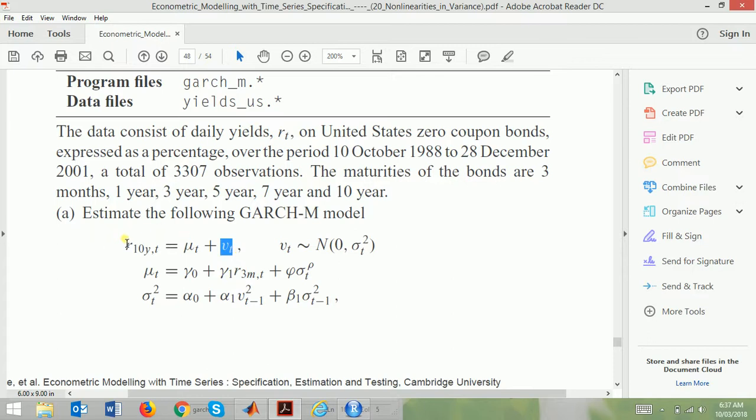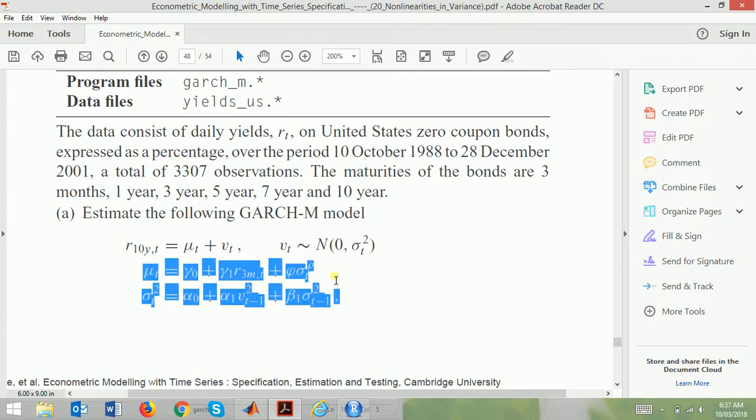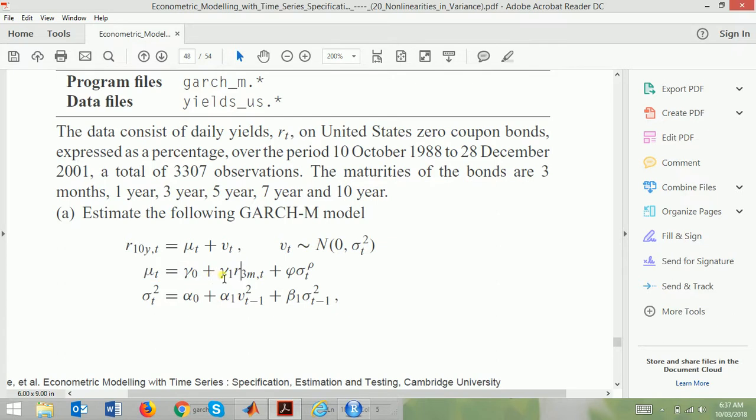This is an autoregressive conditional heteroscedasticity model, plus the mean return, which captures the risk factor as well. Where is the risk factor in this equation? So first of all, we have lambda naught, lambda 1, phi sigma b.